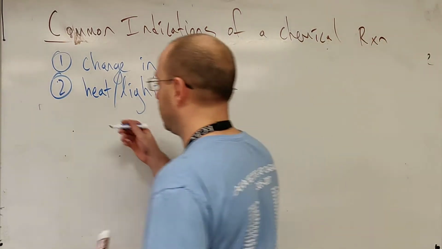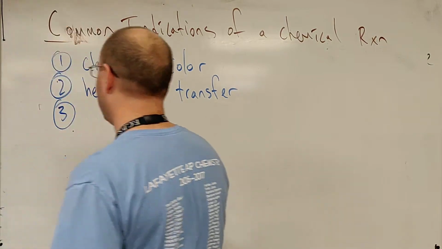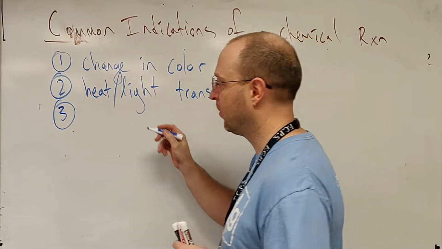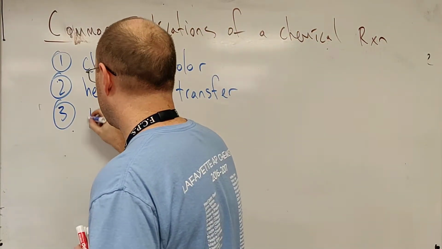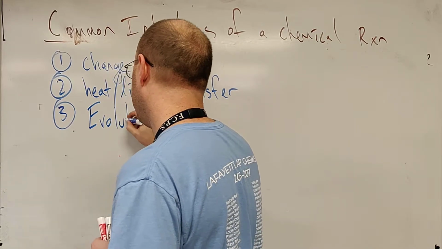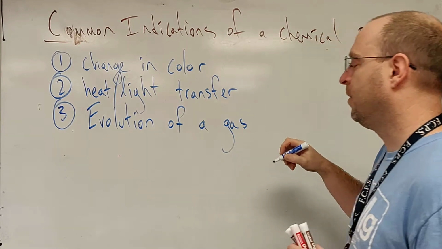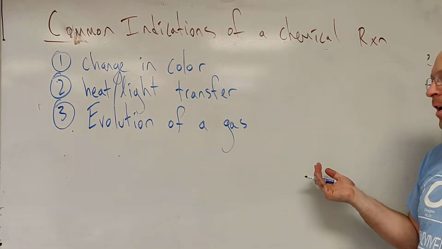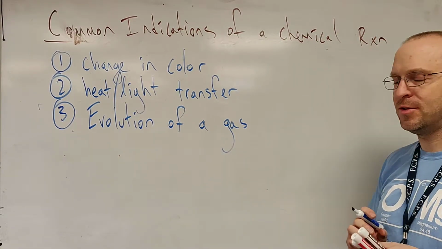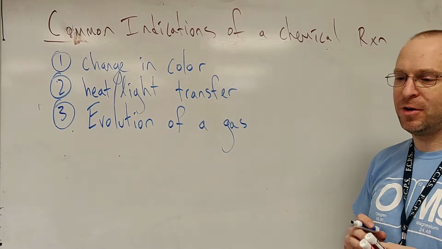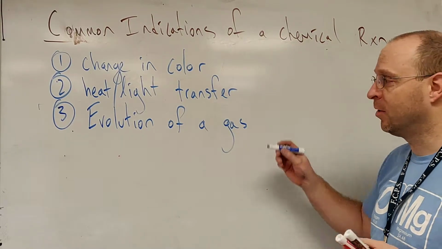Another good indication of a chemical reaction, but again, not a written in stone indication, is the evolution of a gas. It's science terminology. Evolution of a gas is just a way of saying gas is given off, or bubbles is what I tell my kids.